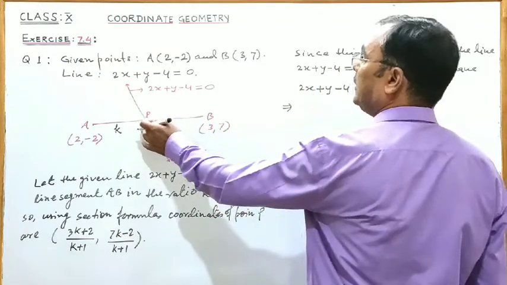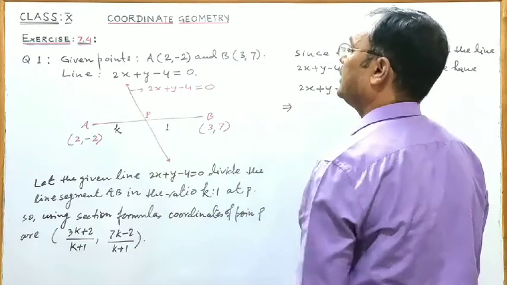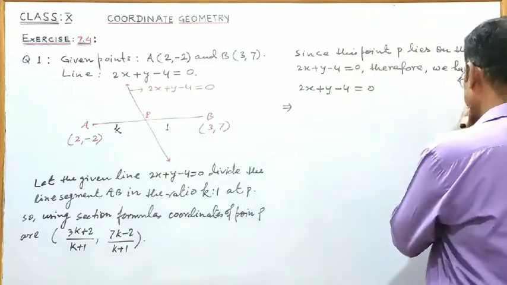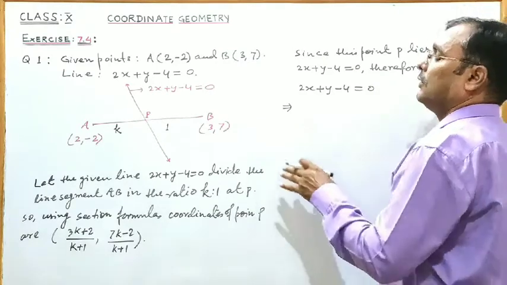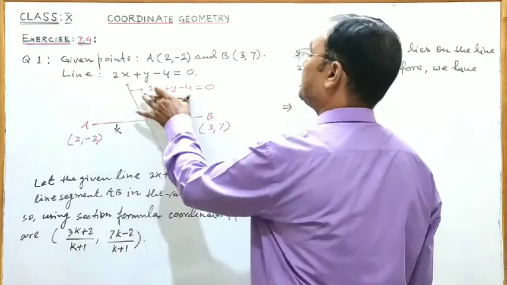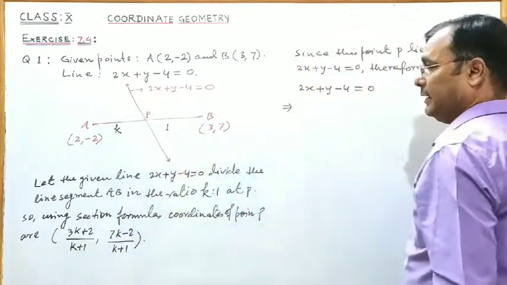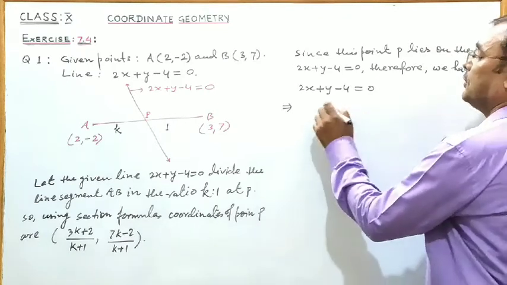Because point P being on the line segment AB also lies on the given line 2x plus y minus 4 equal to 0. That is why coordinates of this point P will satisfy the equation of given straight line 2x plus y minus 4 equal to 0.